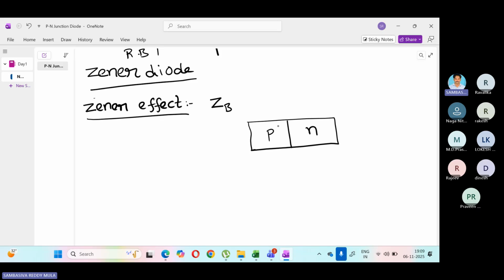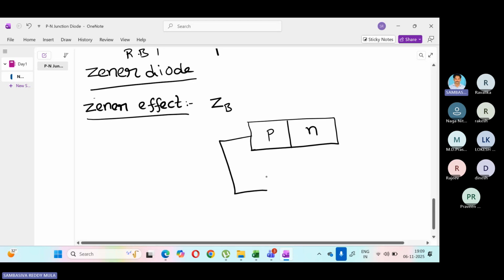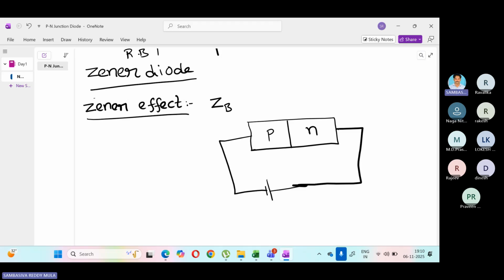When we operate this PN junction diode in reverse bias condition, the forward characteristics of the Zener diode are the same as an ordinary PN junction diode. Okay. So let us discuss only the reverse bias condition.